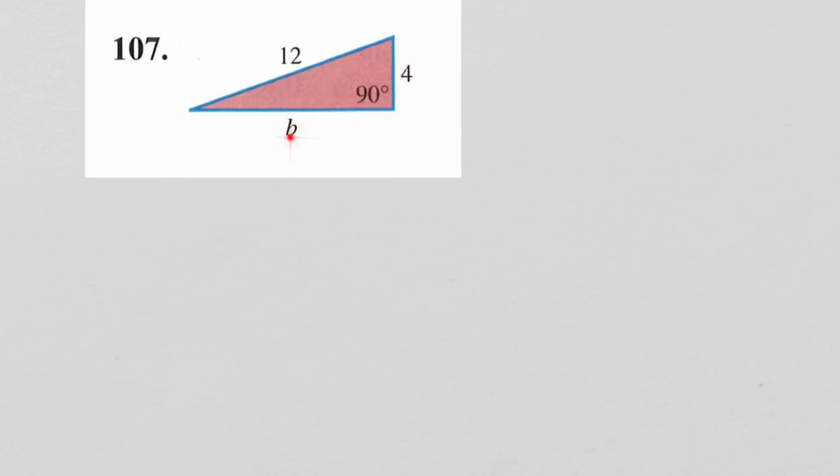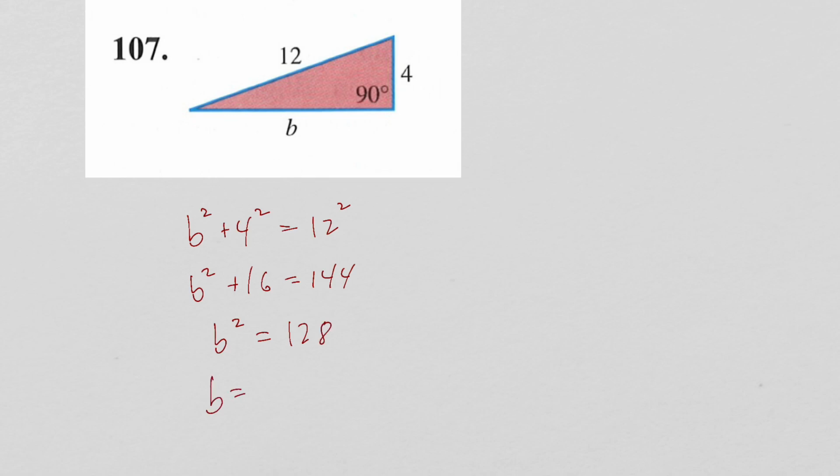Okay, the sum of the squares of the legs, so b squared plus 4 squared is equal to the square of the hypotenuse. So b squared plus 16 is equal to 144. That means b squared must be equal to 144 minus 16, which is 128. So b is the square root of 128.